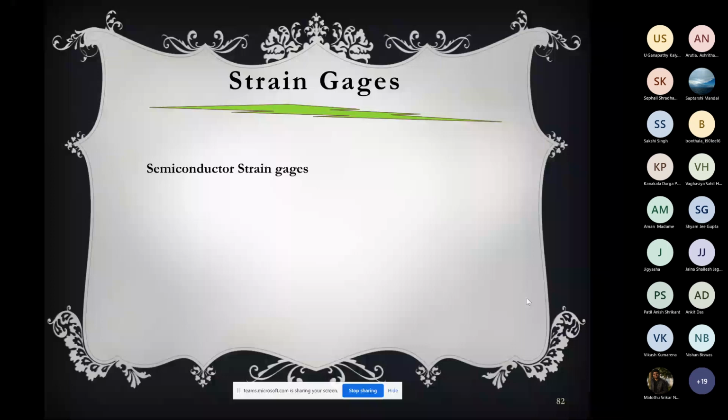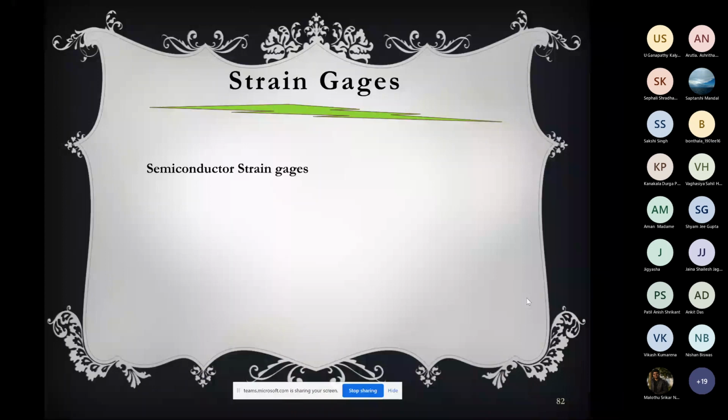But in a semiconductor strain gauge, the gauge factor is around 150. What does a high gauge factor mean? It means that for the same strain, the change in resistance of a metal strain gauge is very low, but the change in resistance of a semiconductor strain gauge is very high, quite 75 times higher.